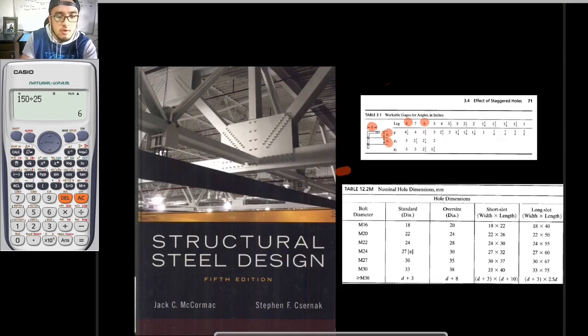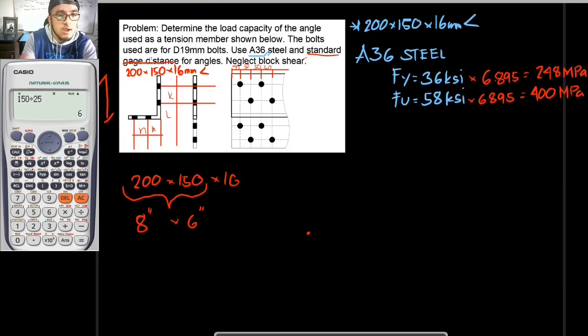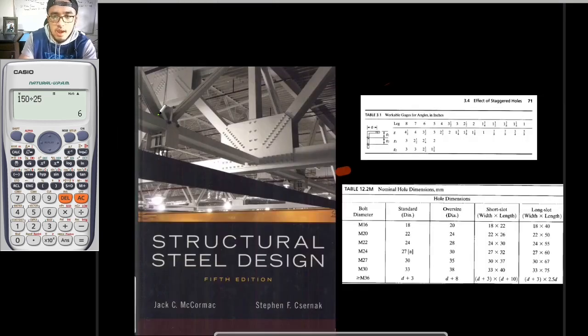So, dito muna tayo sa leg na 8 inch. So, doon tayo sa longer side, which is, let's say, this. Itong longer side na to. Okay? So, 8 inches daw. And since dalawa yung connection natin, ito yung spacing ng G1 and the G2.